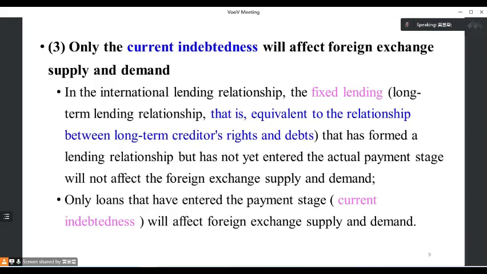So the current indebtedness will affect foreign exchange supply and demand. The fixed lending could not affect foreign exchange supply and demand.